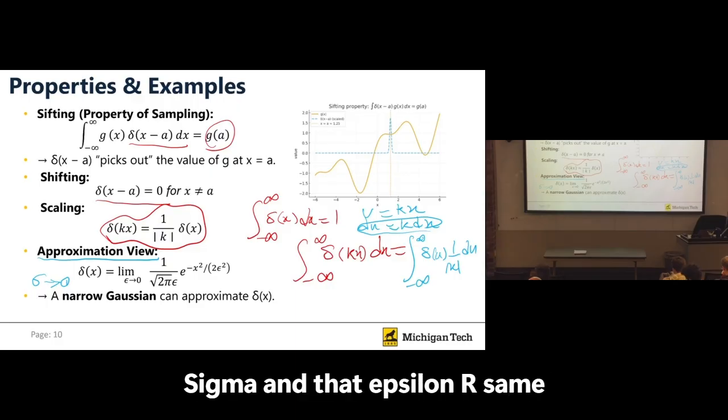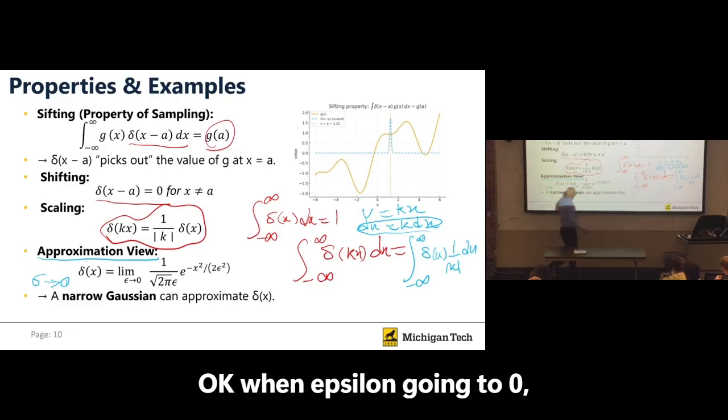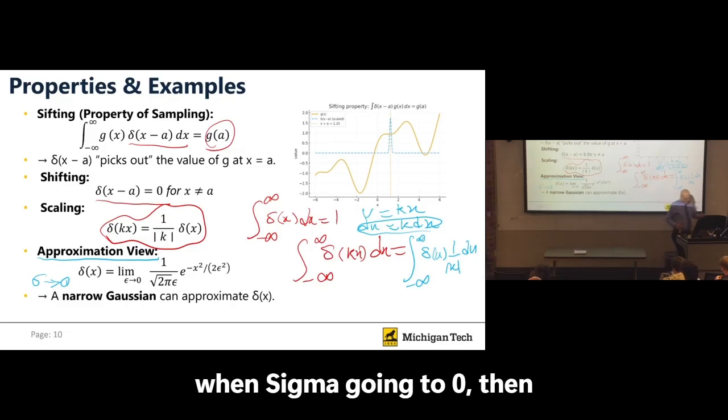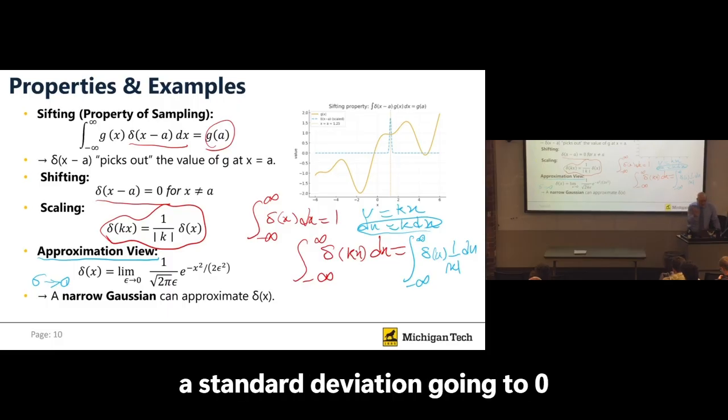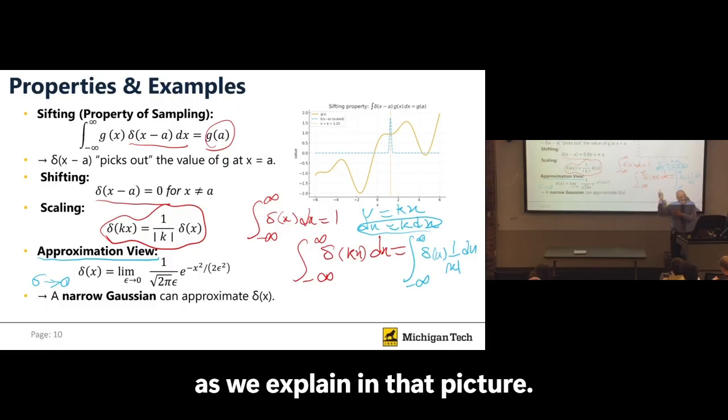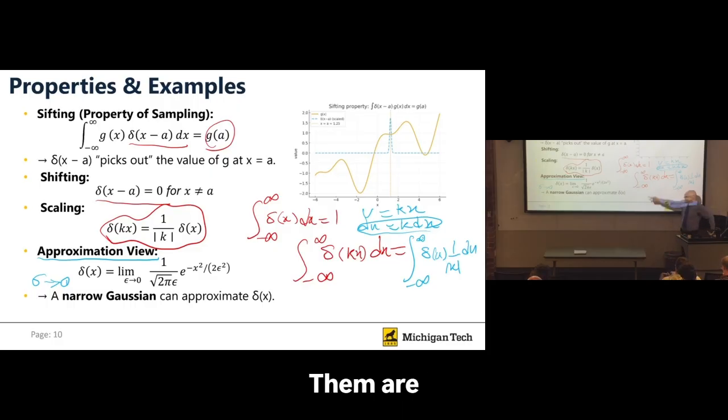But sigma and that epsilon are the same. When epsilon goes to 0, when sigma, the standard deviation, goes to 0, as we explained in that picture, the distribution becomes the Dirac function.